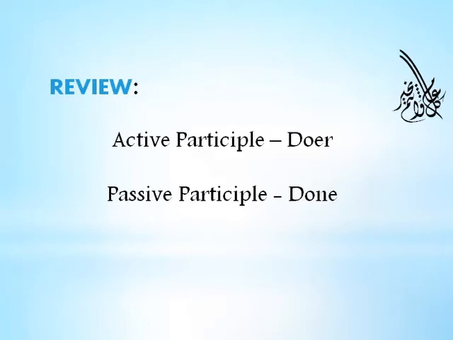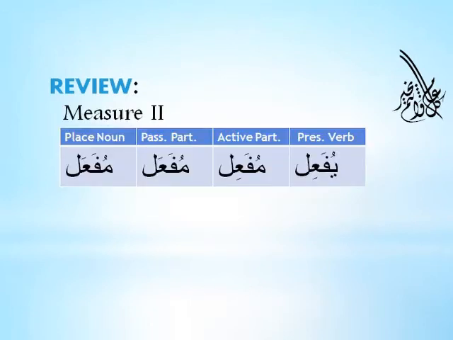Now we want to focus here on measure 2 specifically, the ones we did in the previous unit, because that will be the map, basically the pattern, not only for measure 3, but for every measure from here on out. You know, measure 1 kind of does its own thing, but everyone else sort of follows the rules. So, if you remember, this is what we ended up with for measure 2.